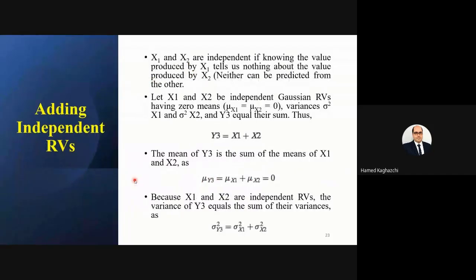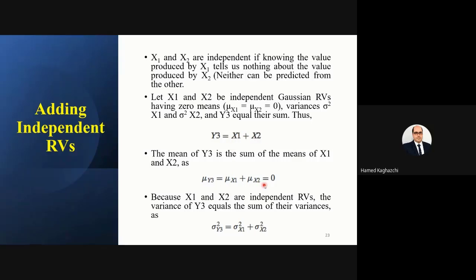The third one is adding independent random variables together. Suppose that the random variables x1 and x2 are independent of each other, and the mean value of x1 and x2 is equal to 0, and the variance is sigma to the power of 2. So the third random variable can be represented like that, x1 plus x2.